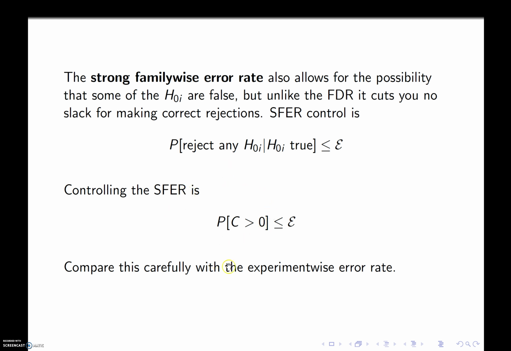And it's just saying we'll control this so our probability of having any C bigger than 0, or having C overall bigger than 0, is smaller than epsilon. So this is allowing that some of the H-naught i's are going to be false, but again, it's way more strict than FDR.